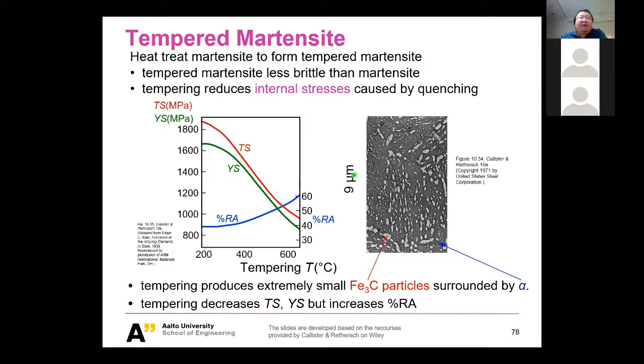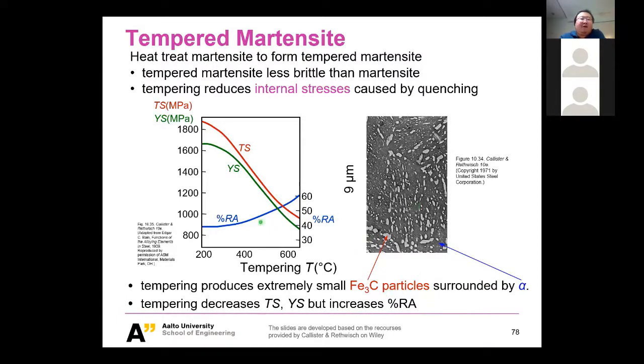And the last one is the so-called tempered martensite. By tempering, we will learn a little bit more next lecture about how tempering is changing your microstructure. But you can also imagine by tempering, you're removing some internal stresses and you're also changing the microstructure. Basically, you're trying to create more soft alpha phase and also the cementite particles.